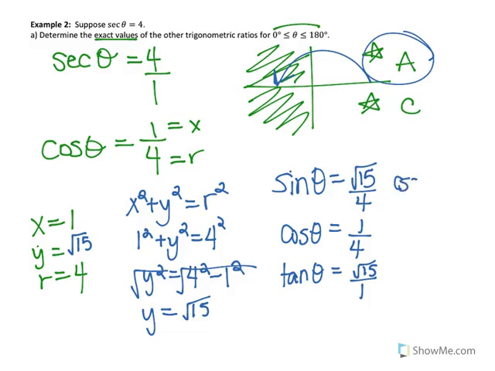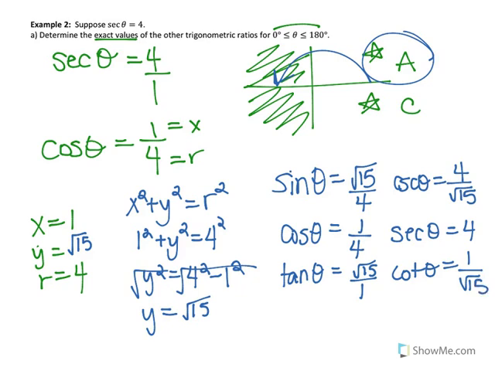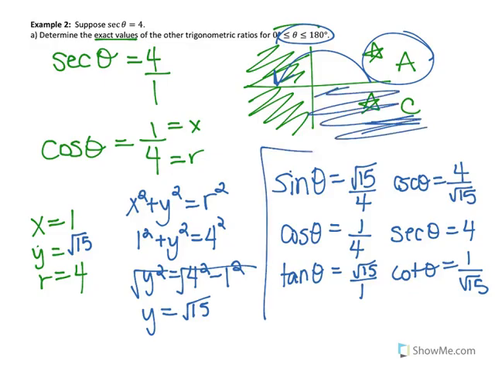Cosecant theta is equal to the reciprocal of sine, so 4 over root 15. Secant theta, we already know, is 4 over 1. And cotangent theta is 1 over root 15. So if our domain was different, we might have been able to have another answer here, but because it isn't, we only have one solution.